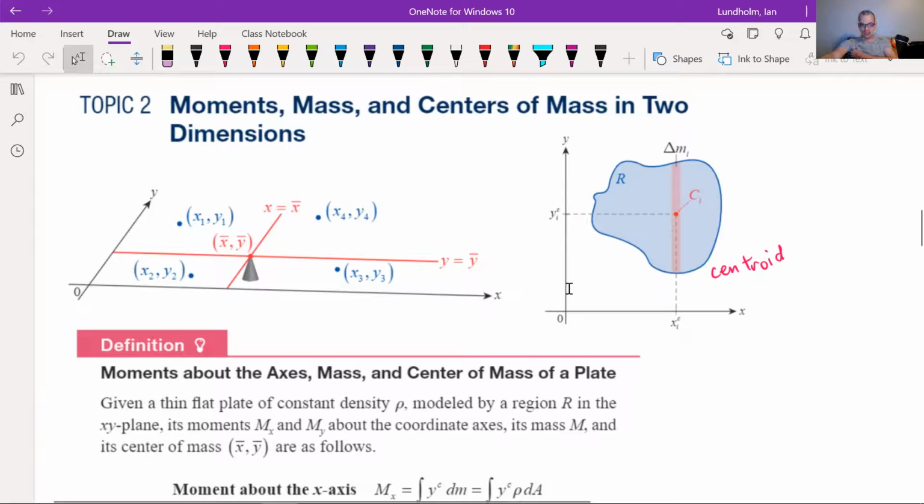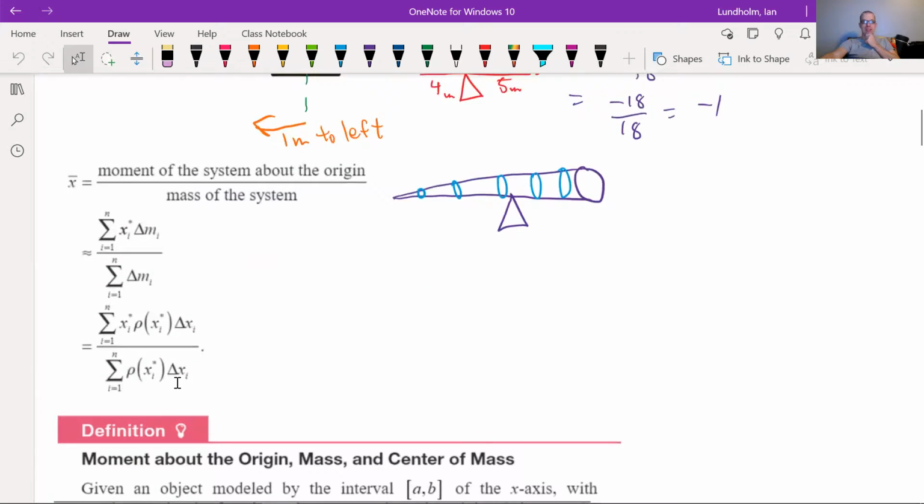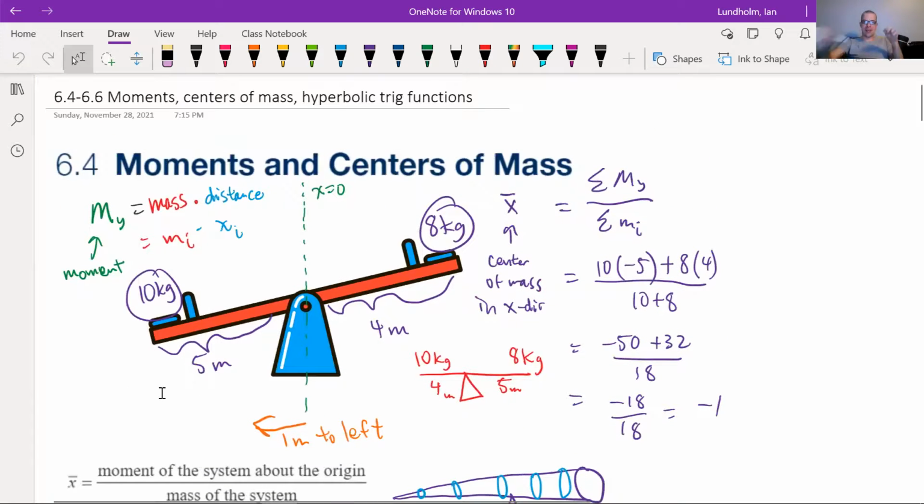as long as that object has constant density. Whenever, in calculus 1, we're working with a two-dimensional object like this, we're not going to have the freedom to have a variable density like we were when we were working with a one-dimensional object like a teeter-totter, where there was only one direction that we were calculating the center of mass in.